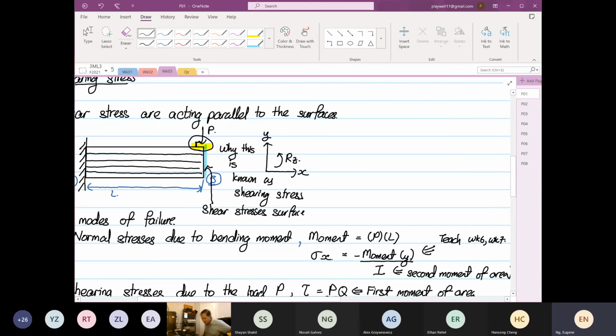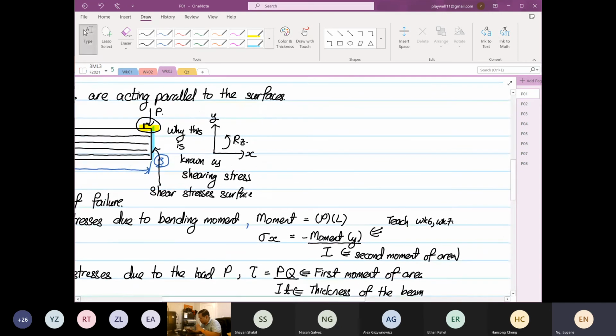It's interesting, right? So let me make things easier or explain in a better way. So if I draw an element, right?